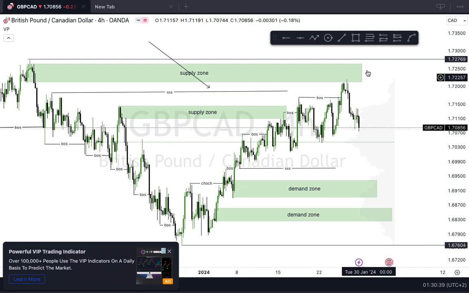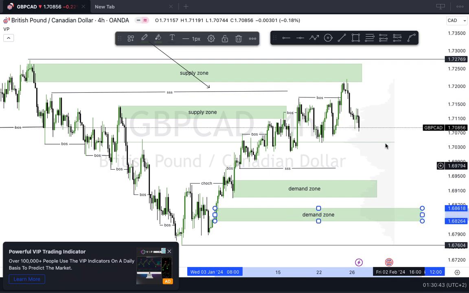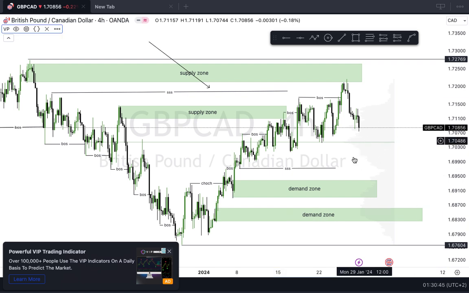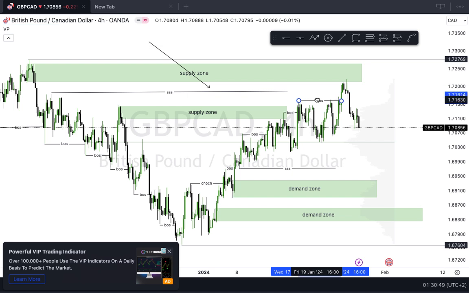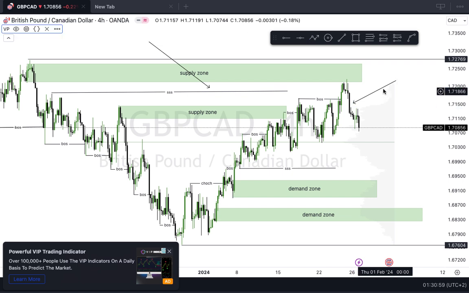So if we check where the market is right now, let me just put this in order. If you check here, we have a gap, you understand. If you check here on the 4 hours, we have a gap, you understand.